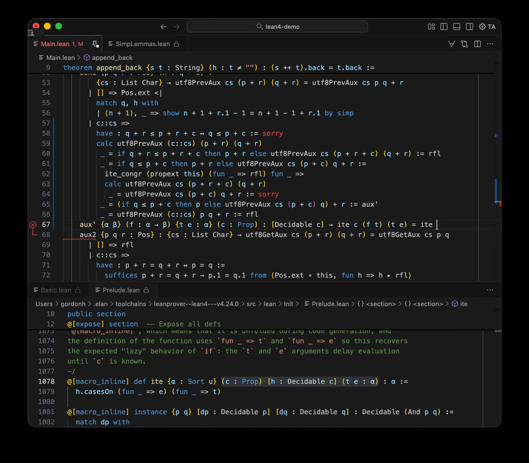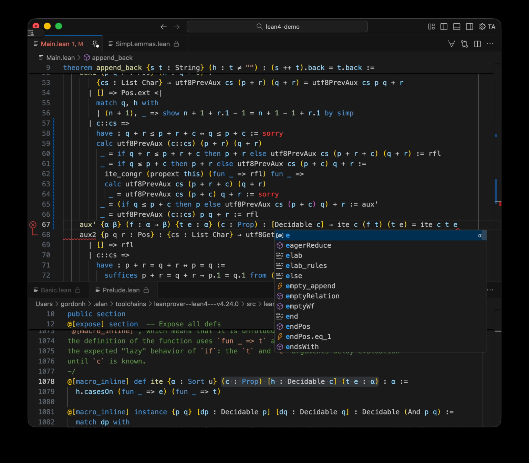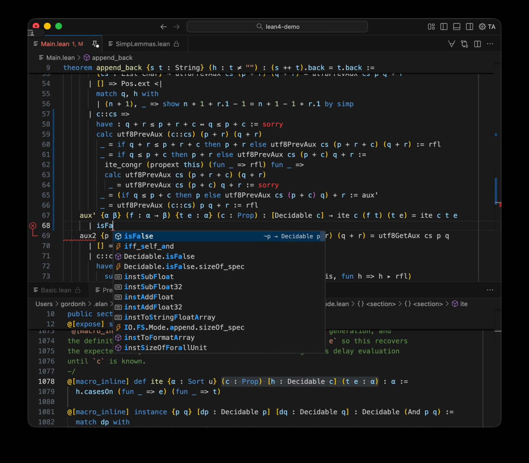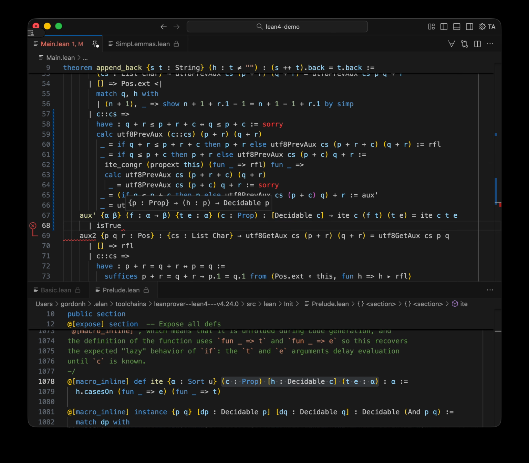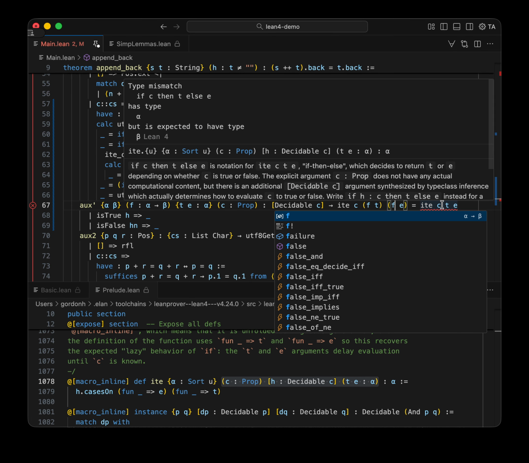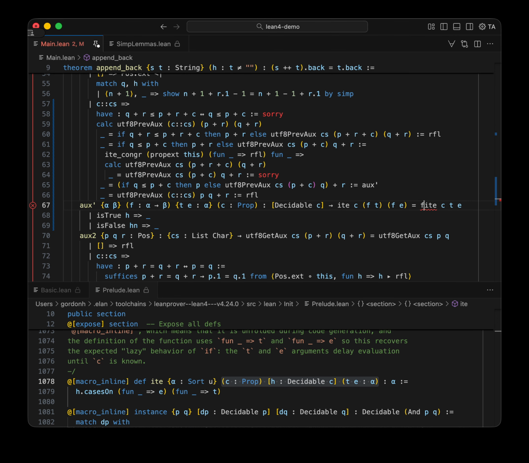Okay, let's match on this. It's true. Suppose false. This is what we want here. What seems to be the problem? Okay, make this implicit. I don't want it.